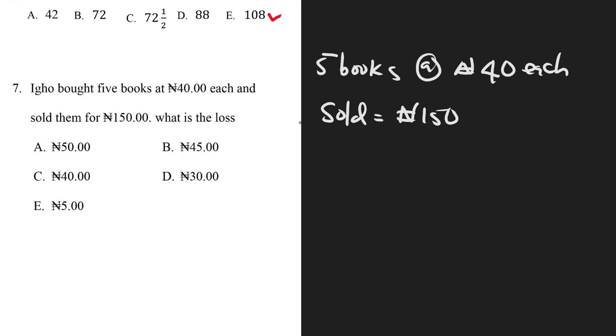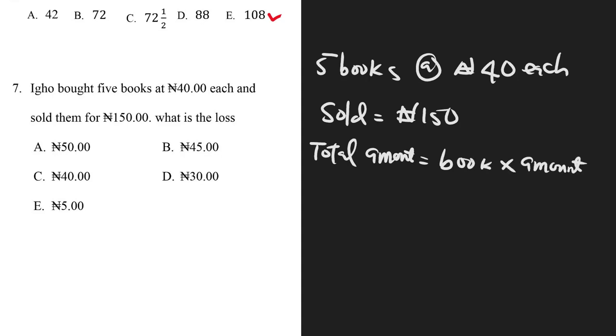The best thing is to find the total amount for the 5 books. Remember that these 5 books cost 40 naira each, right? So if you want to know the total amount, just multiply the 5 times the 40. So the total amount will be books times amount.